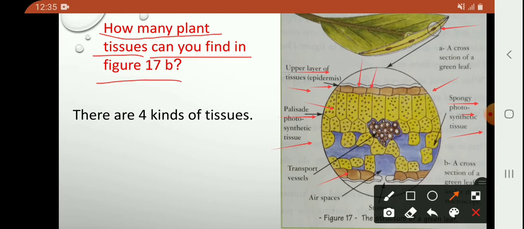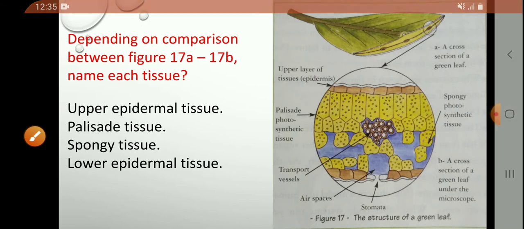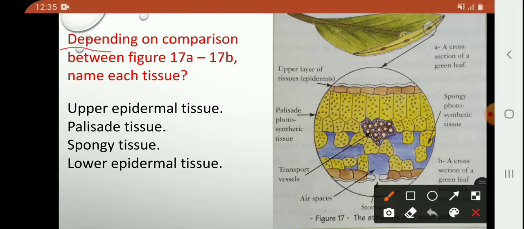This is the upper layer, this is the lower layer. We have 4 kinds of tissue in the cross-section of a green leaf. Depending on the comparison between figure 17a and 17b, name each tissue.